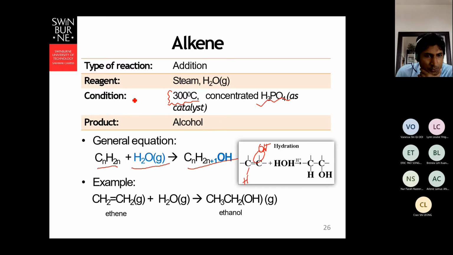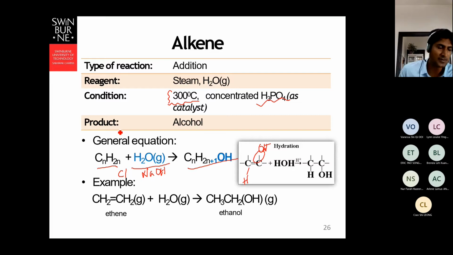But if we had chloroalkane and we used sodium hydroxide, that we have seen previously, probably in slide number 15 or something like that, so chloroalkane and sodium hydroxide or potassium hydroxide produces alcohol as well, without any heat or any catalyst.